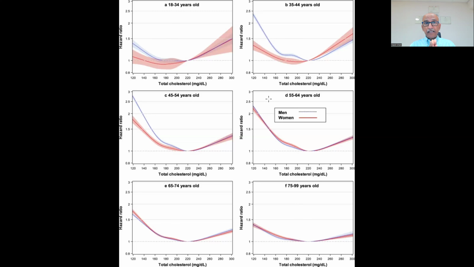Now, this standard panel test, which we get in the lab, uses a 1972 equation given by the Friedewald formula: total cholesterol equals your LDL plus HDL, LDL for low density lipoprotein, HDL for high density lipoprotein, plus your triglyceride.